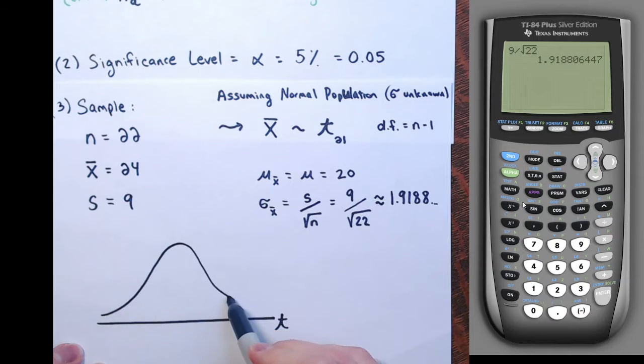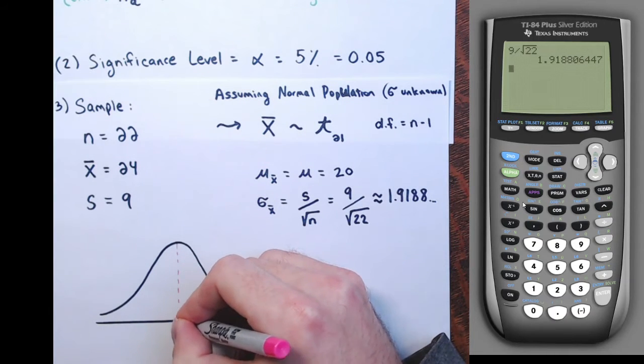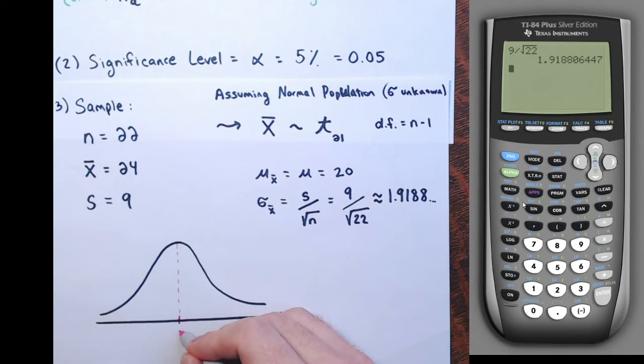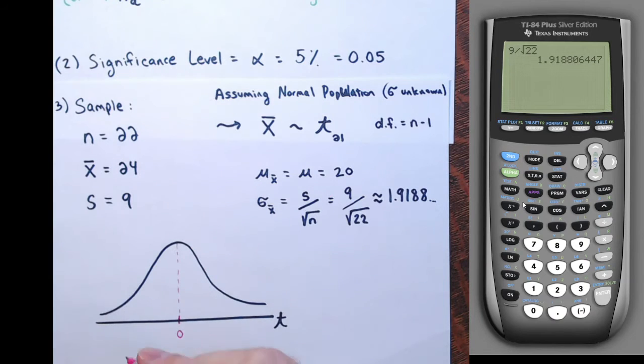Symmetrical bell-shaped curve above that. Underneath the peak is a t-score of 0. Right. Now this t-score of 0 corresponds to having a mean of 20. It's like mu equals 20 here. Right? It's like having a mean of 20.